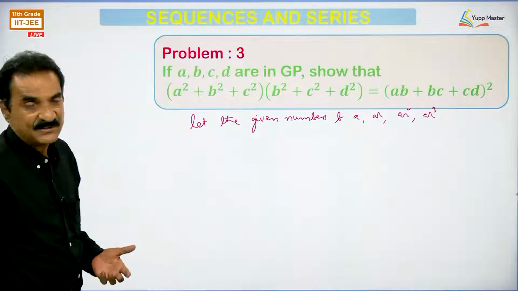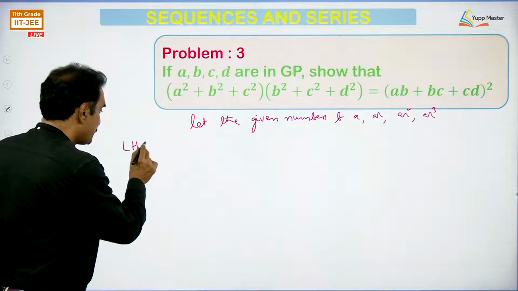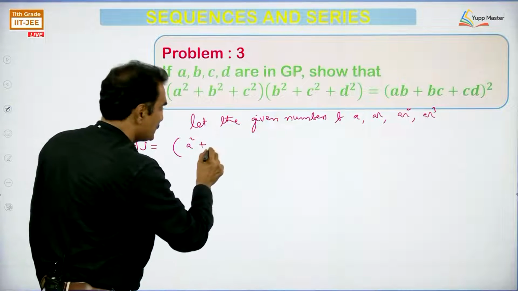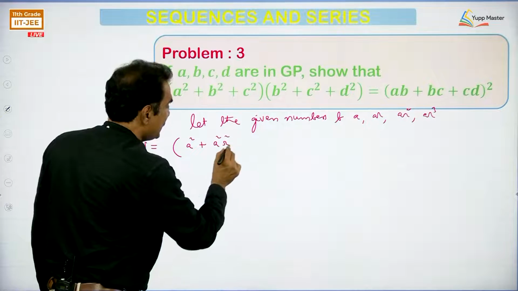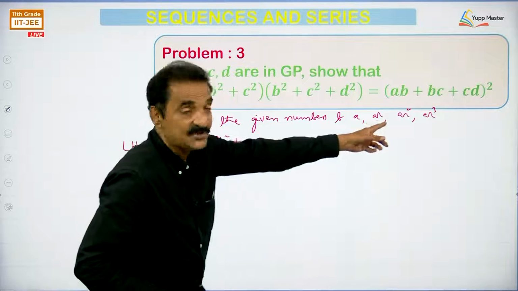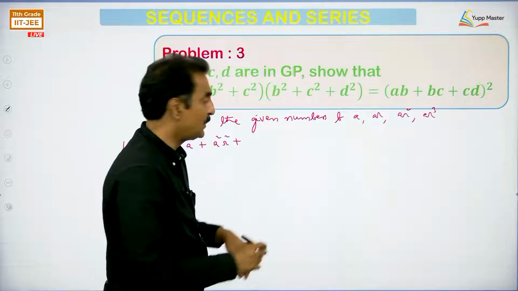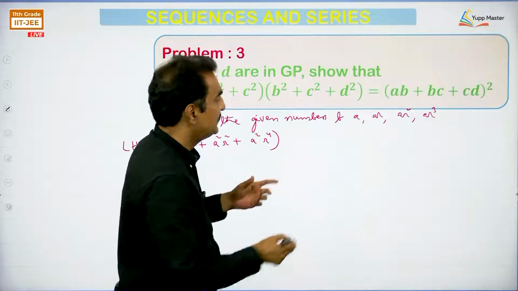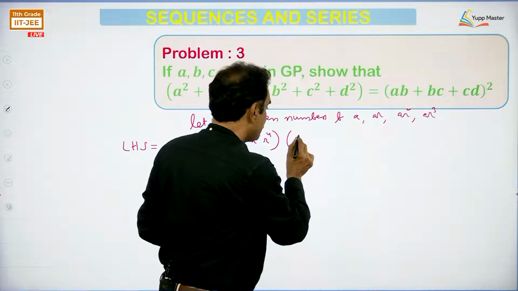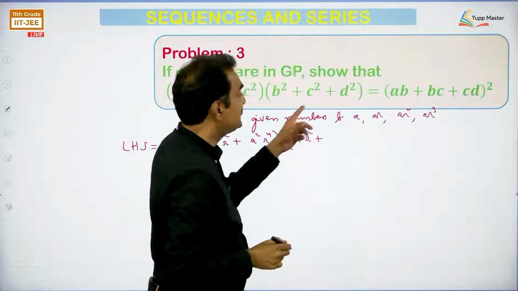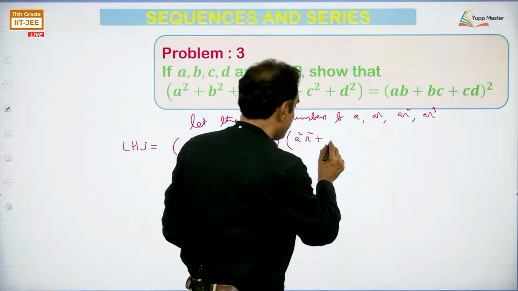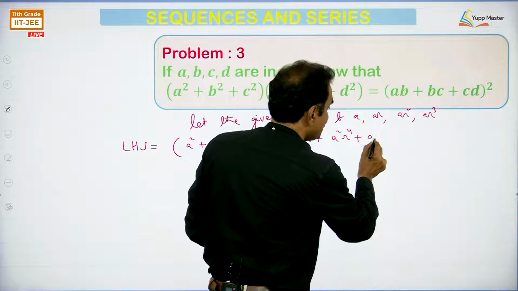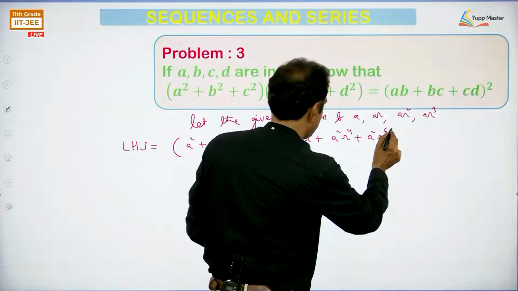Just substituting in the LHS. First a square is a square only, b square is ar whole square, that is a square r square, plus c square is ar square whole square, that is a square r power 4, into b square is a square r square plus c square a square r power 4 plus d square, that is ar cube whole square, a square r power 6.